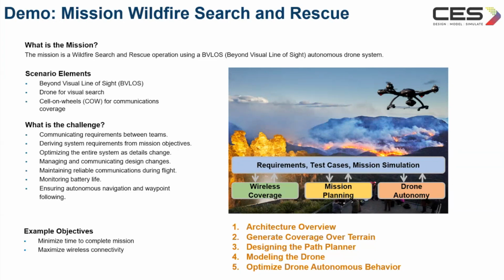Design the path planner, all the logic behind the path planner. Modeling the drone, so what is the behavior behind how my drone with the controller, my flight control, is working, and how to optimize the drone autonomous behavior. We look in the end at what we can do to improve these systems.